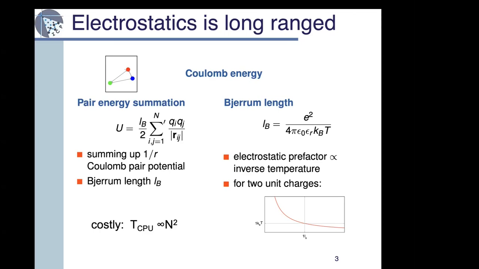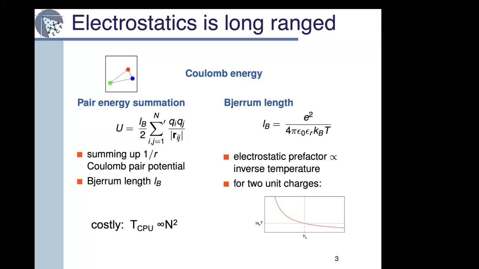If you reformulate the problem, you end up with this formula. So the Bjerrum length always appears as the electrostatic prefactor. It's proportional to the inverse temperature, and that makes the formulas look nicer. So this is basically where you introduce your prefactor.